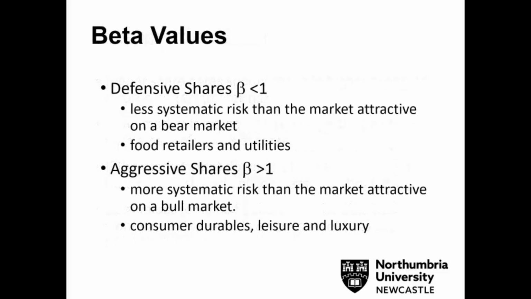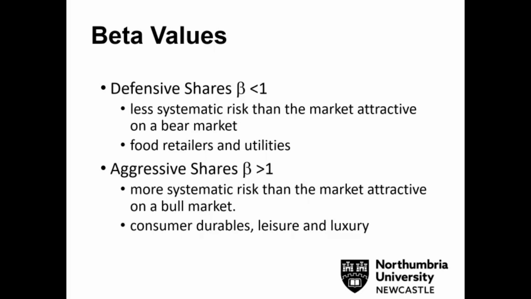So just to summarize there, when we have betas, we can also look at this from a risk tolerance point of view. If you're looking for something that doesn't move as much and is more defensive, then you're going to look for betas less than 1, so they don't move as much as the market does. So you might look at things that mirror the economic cycle, more cyclical stocks.